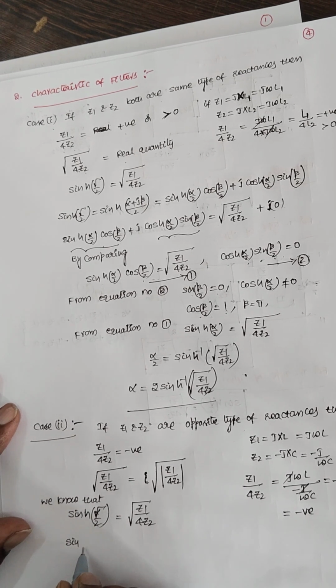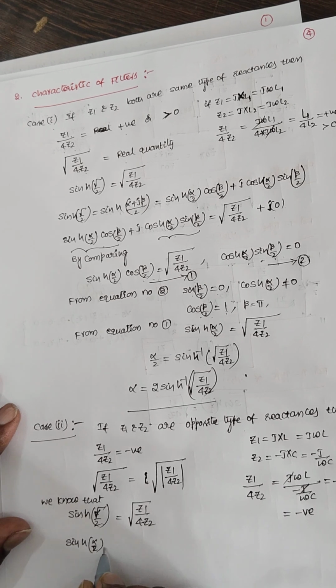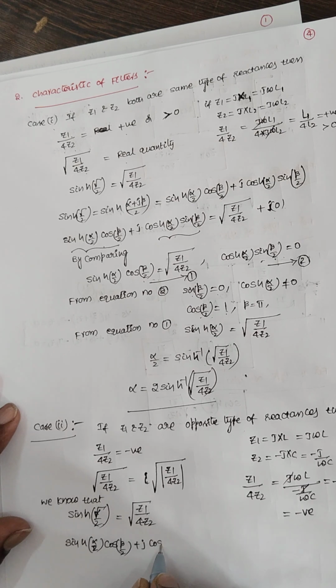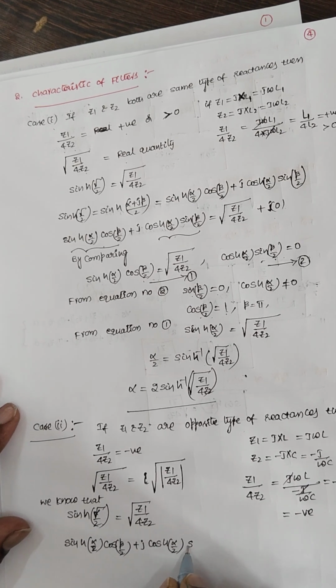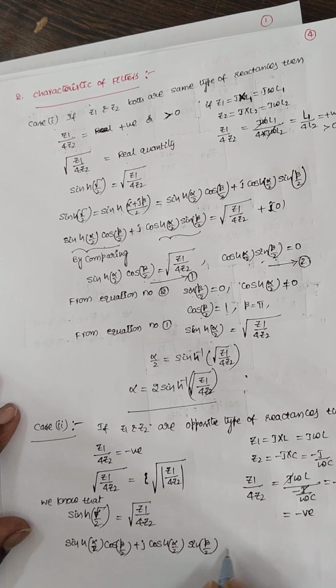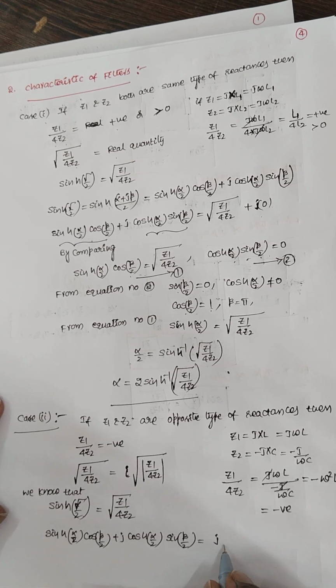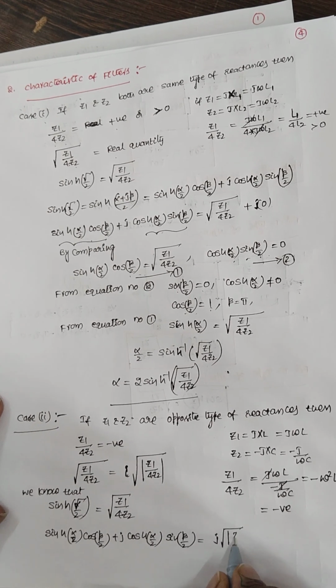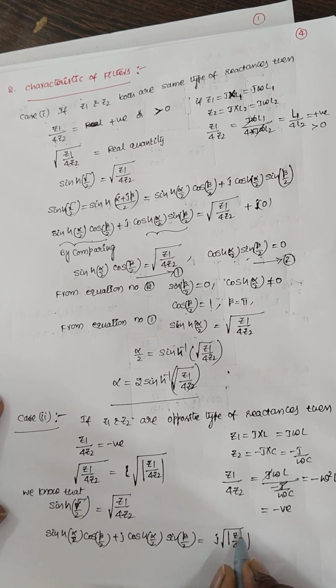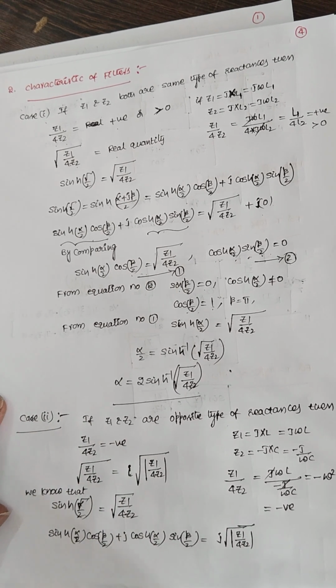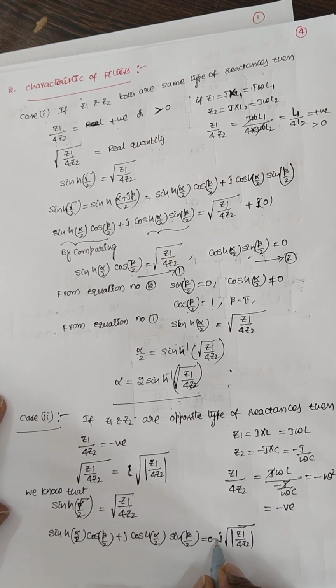It is sin h alpha by 2 cos beta by 2 plus j cos h alpha by 2 sin beta by 2, that is equal to, since it is a negative quantity, j square root of modulus of z1 by 4z2. So this one is this one plus 0 plus j into this one. This 0 is the real quantity, and the other is an imaginary quantity.